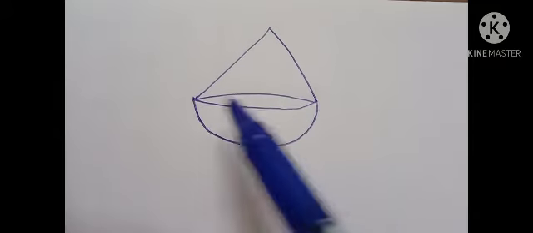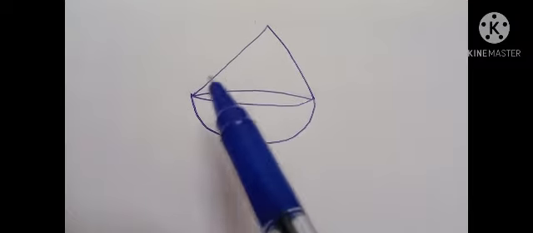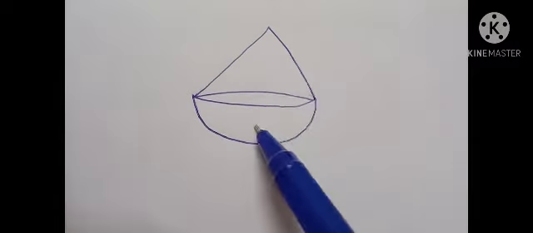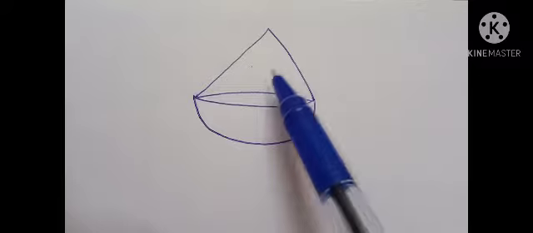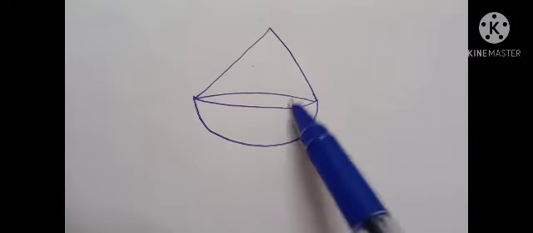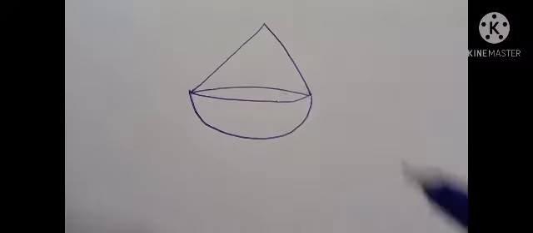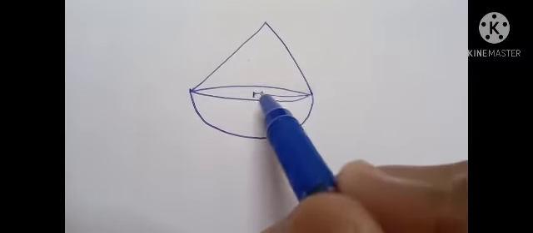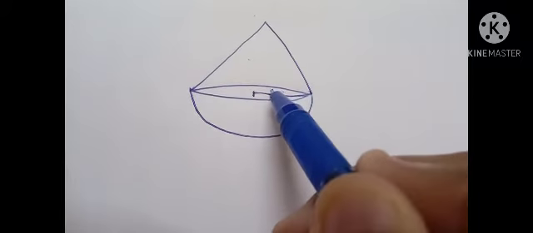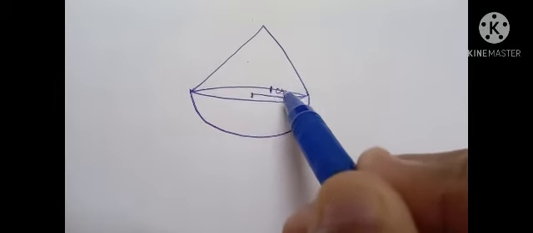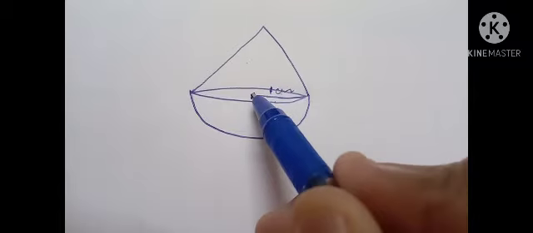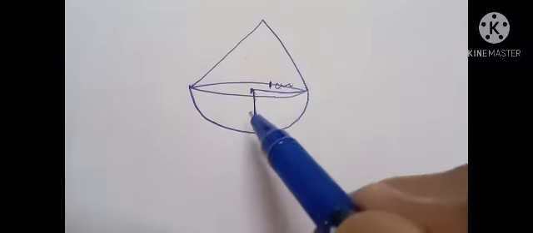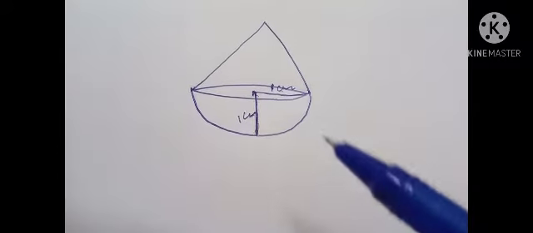According to the question, a solid is in the shape of a cone standing on a hemisphere. With both their radii being equal to 1 centimeter means the base radius of the cone is 1 centimeter and the radius of the hemisphere is also 1 centimeter.